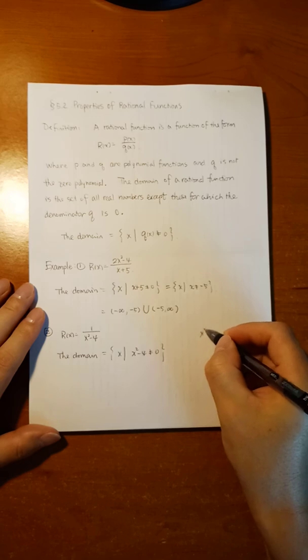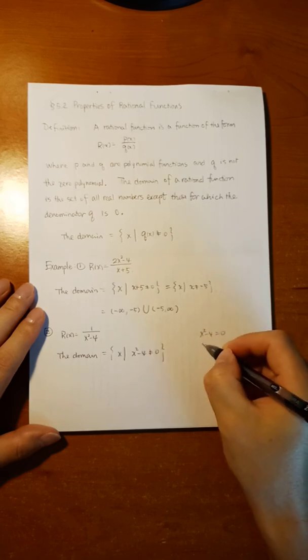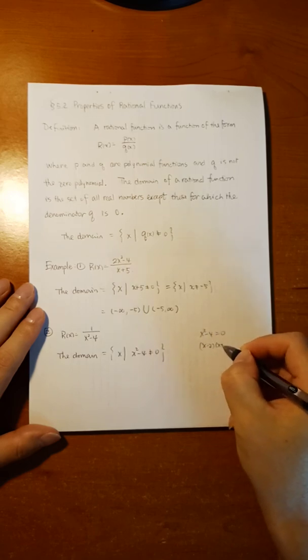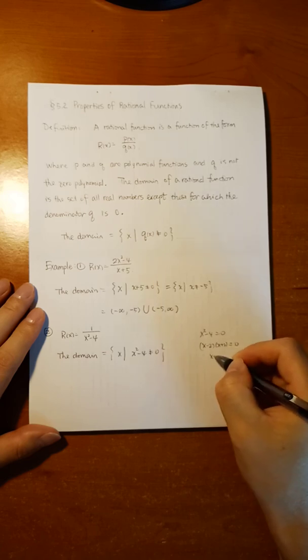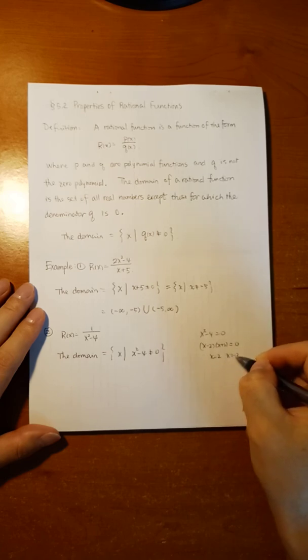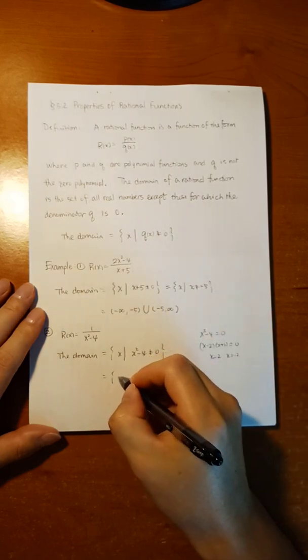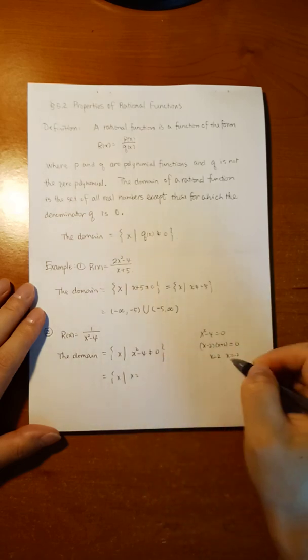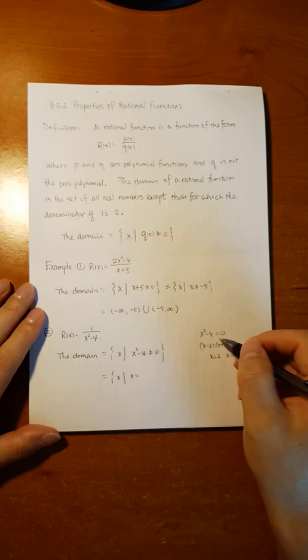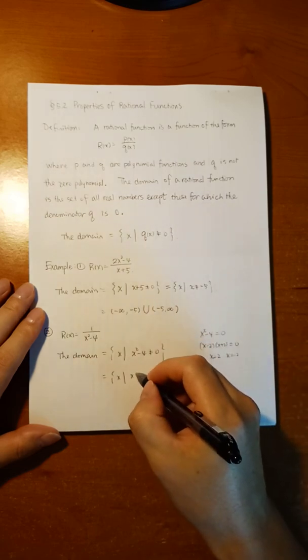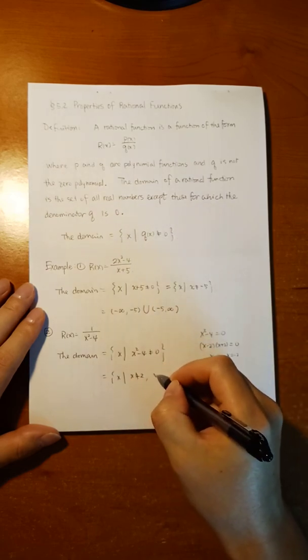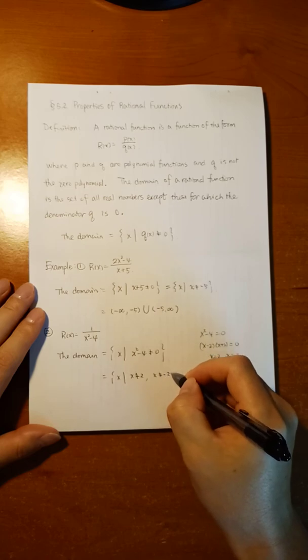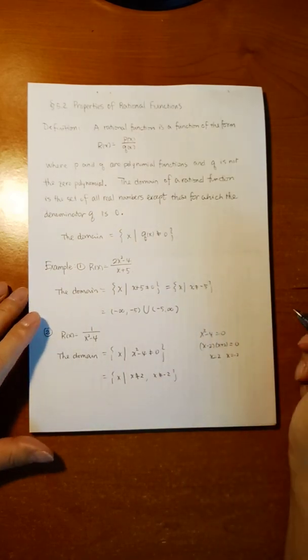So x squared minus 4 is 0. Factored, it is x minus 2 times x plus 2. So x is 2, x is negative 2. These two are the solutions of the denominator equal to 0. So you except 2 and except negative 2.